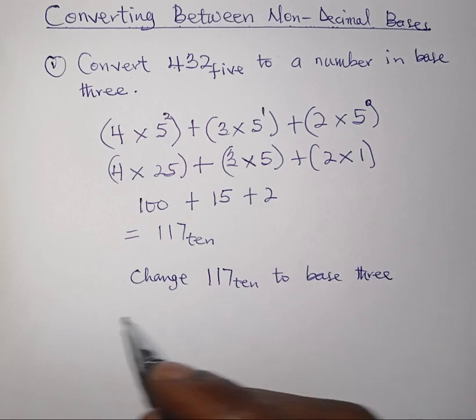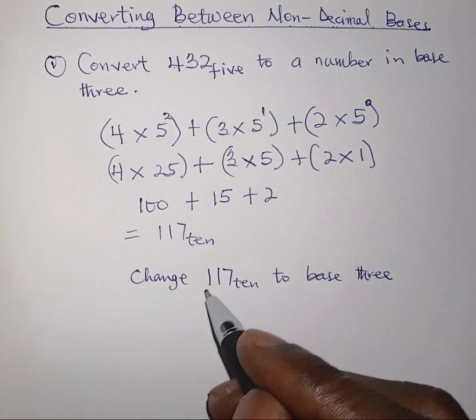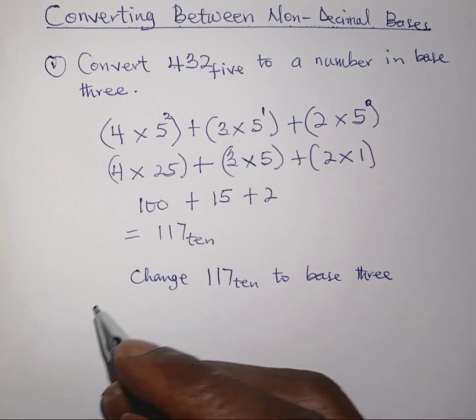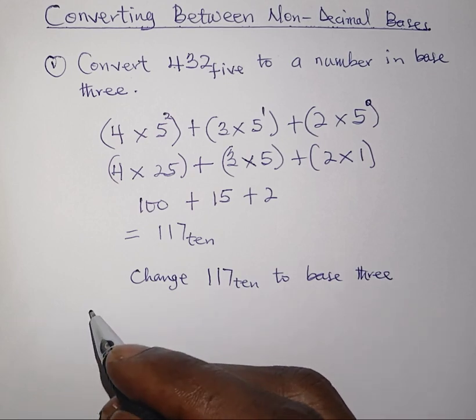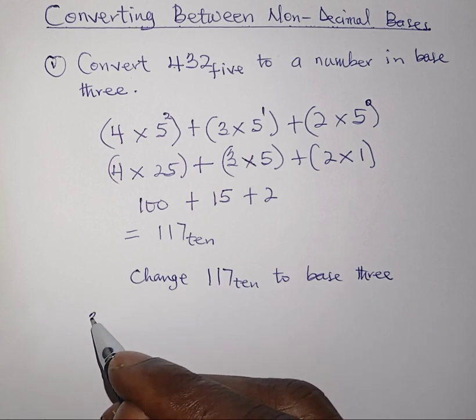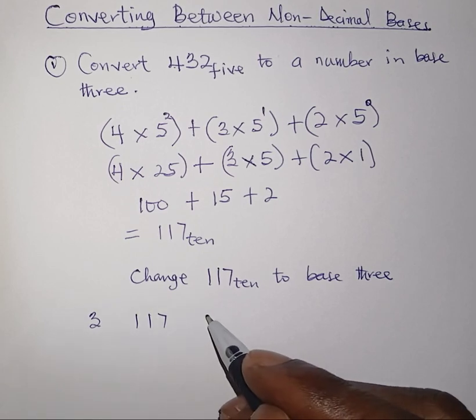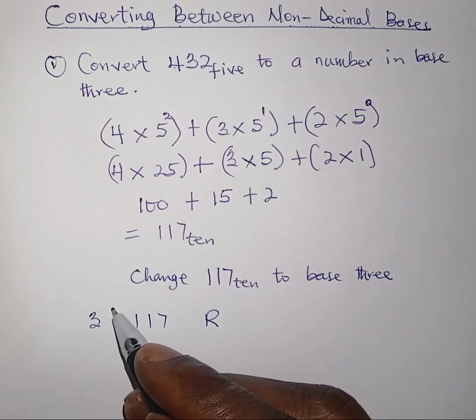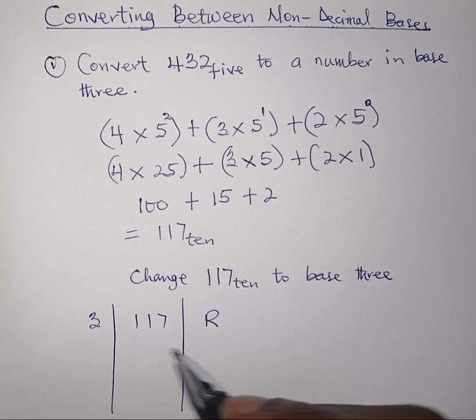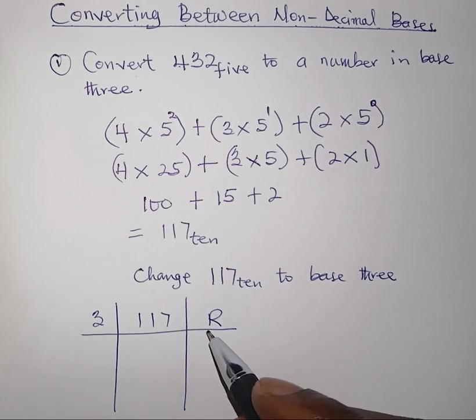And how do we do that? We divide all this by 3 until we get a number that we cannot divide again. So I'll write my 3 here, my 117 here, and my remainder. Then I will draw a table for them.